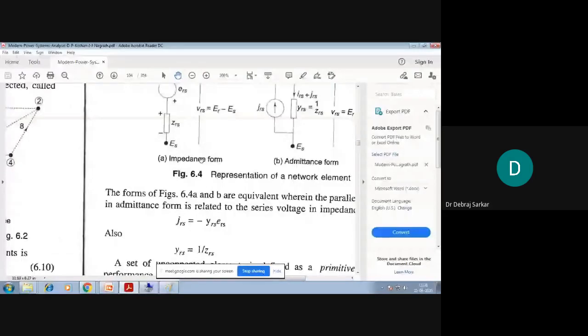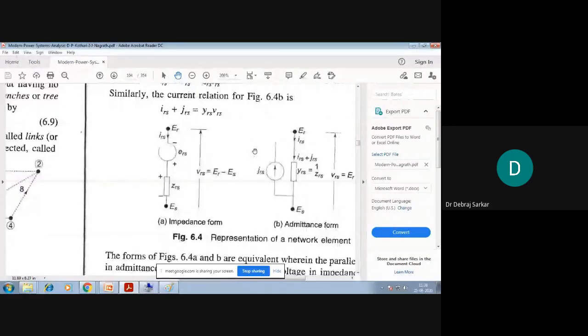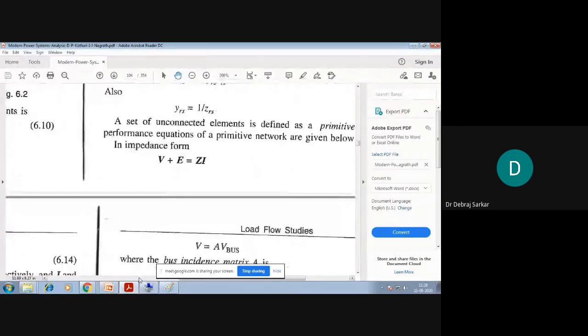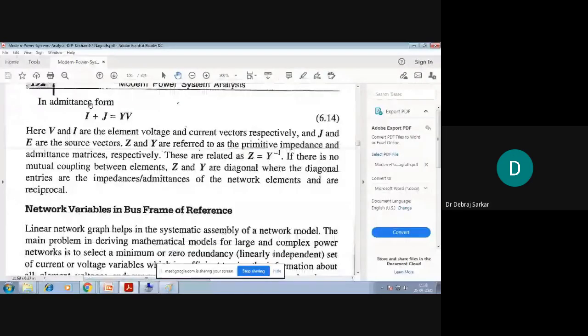It will be exactly the same. Similarly, in the admittance formation you will have I plus J equals Y into V. These capital I, capital J, capital Y, capital V are all matrices. When you write the graphical equation, you will get these matrices, just similar to the primitive network.